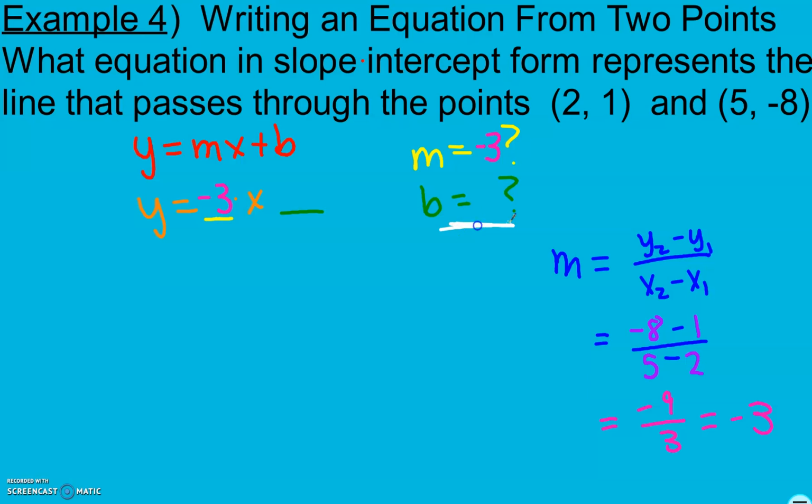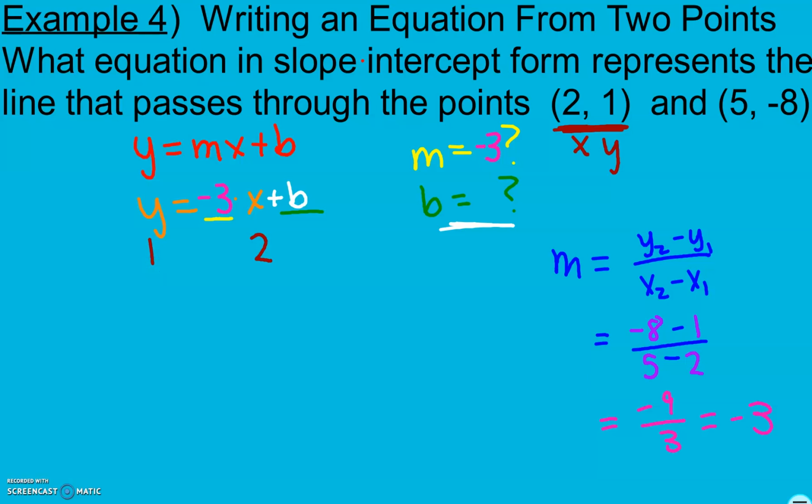Now, I still don't know what b is. So what I'm going to do is I'm just going to plug a b in there. This is all the information I have. I don't have anything about an intercept. What I do have are some points. So I can take my points here. Doesn't matter which one. I'm going to pick this one. It's an x and a y value, so I can plug those in for x and for y.